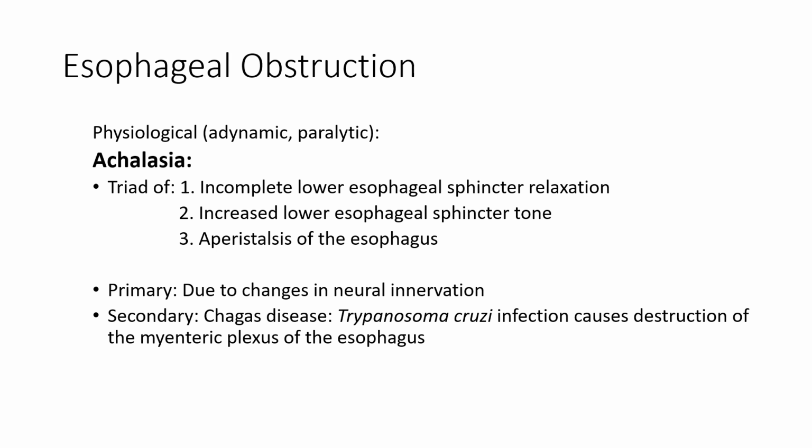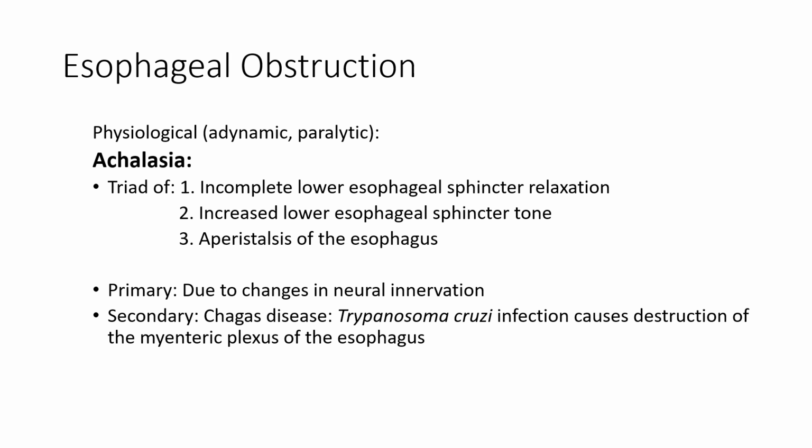So achalasia is characterized by a triad of incomplete lower esophageal sphincter relaxation, increased lower esophageal sphincter tone, and aperistalsis of the esophagus. Causes of achalasia can be primary or secondary.